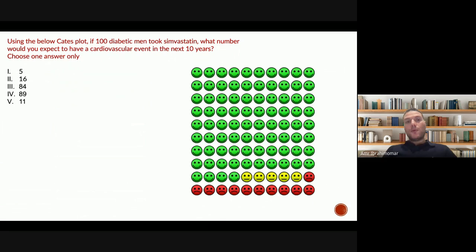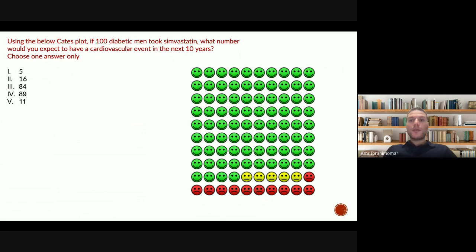Using that Cates plot, if you have 100 diabetic men who took simvastatin, what number would you expect to have a cardiovascular event in the next 10 years? If you give these 100 statin, how many people will have an MI or cardiovascular illness or stroke or whatever over the coming 10 years?